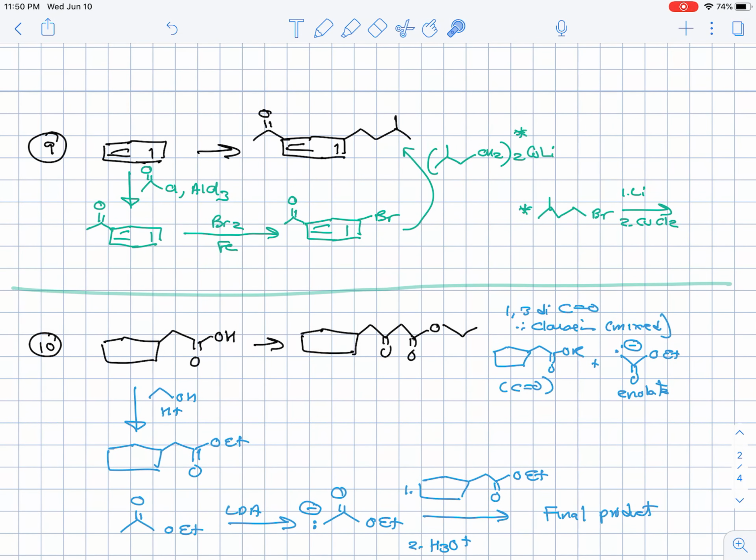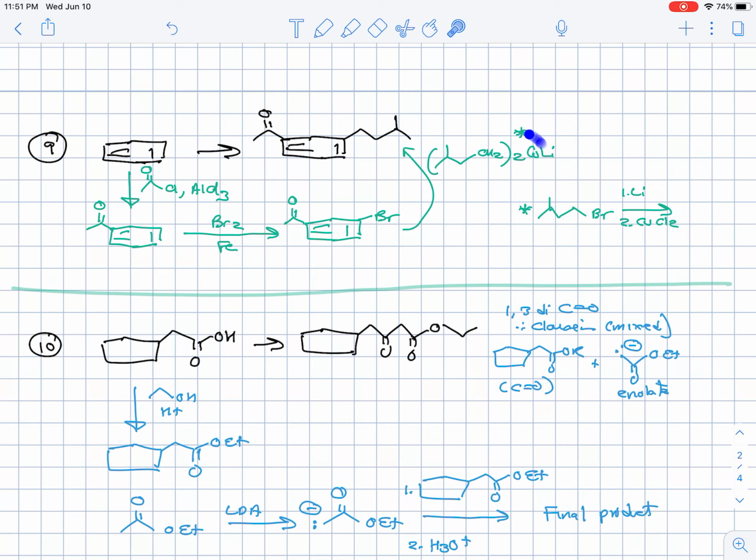So this one I picked in part because it's a nice demonstration of using one of our new organometallic reagents. And so we have a meta director, which is lovely because this is meta, but the problem is, of course, if we acylate, we're never going to be able to alkylate, at least not with a Friedel-Crafts.